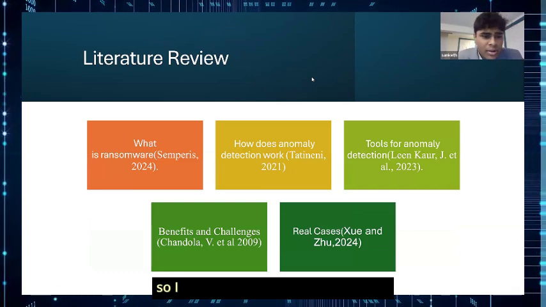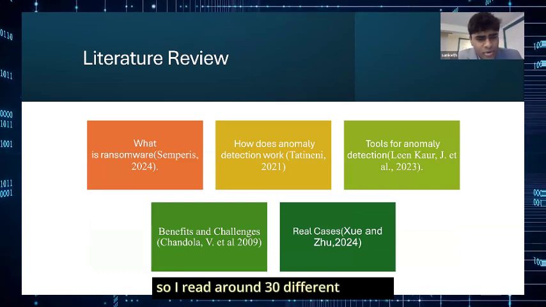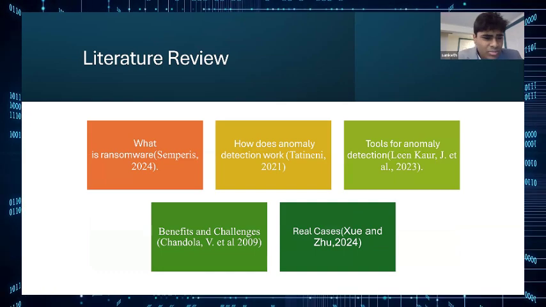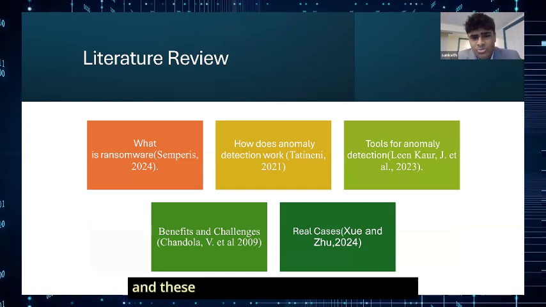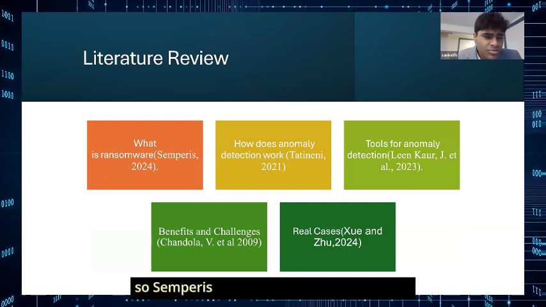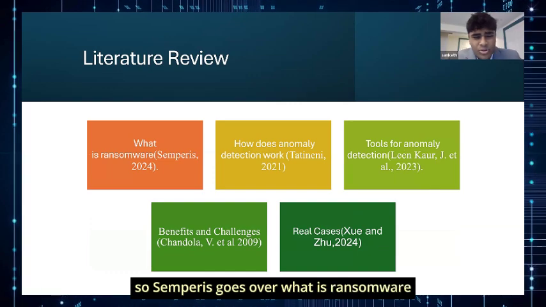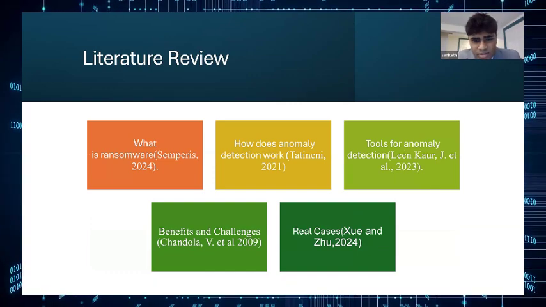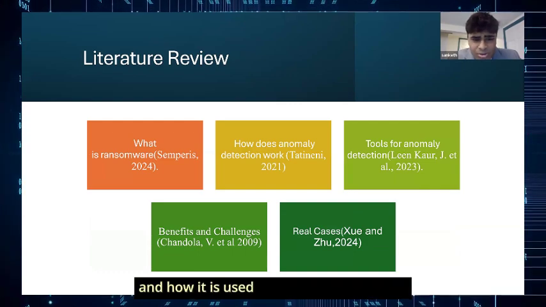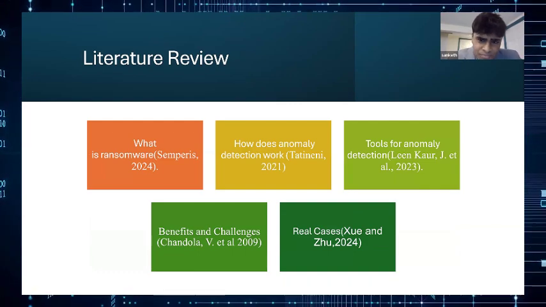So I read around 30 different articles and used databases such as JSTOR, Gale eBooks, and ProQuest. And these are the 5 most relevant articles to my topic. Samperis goes over what ransomware is and how it works. Tataneni goes over how anomaly detection works and how it is used to combat ransomware.